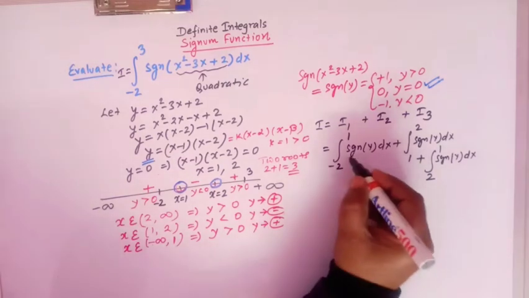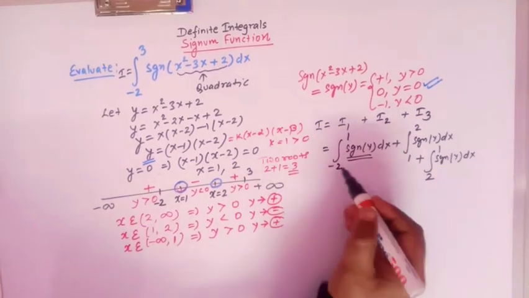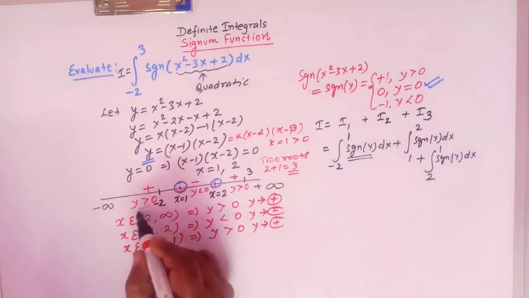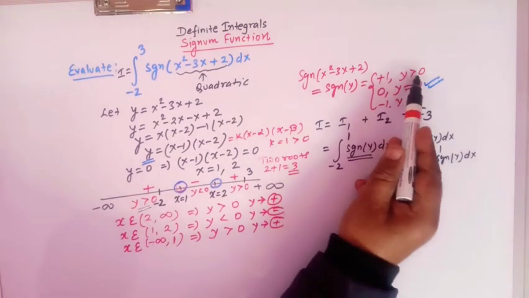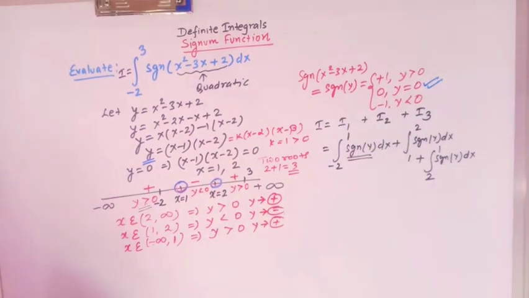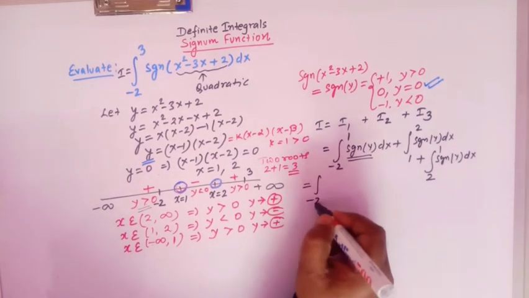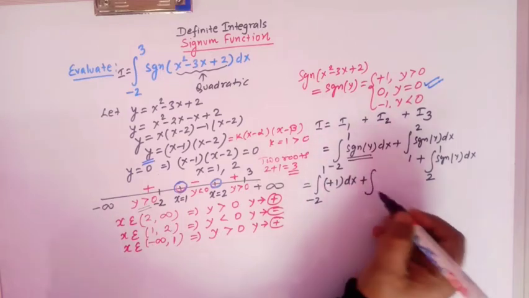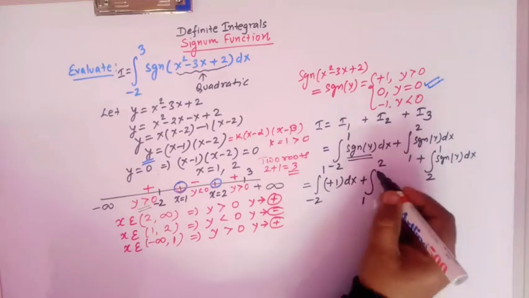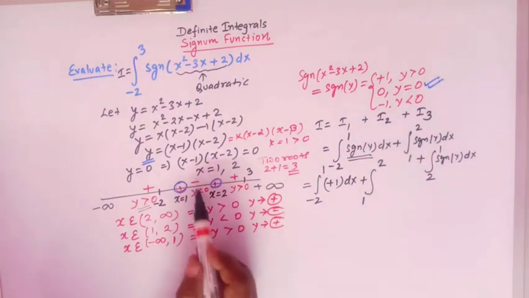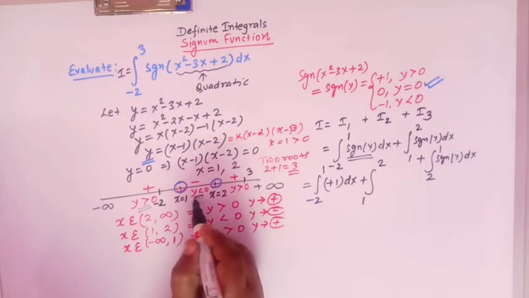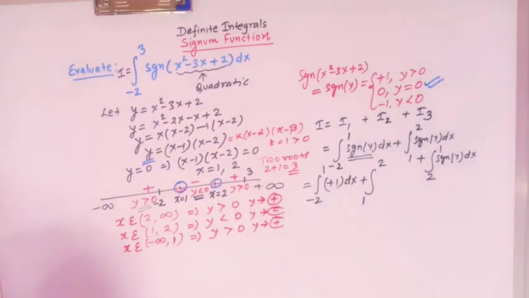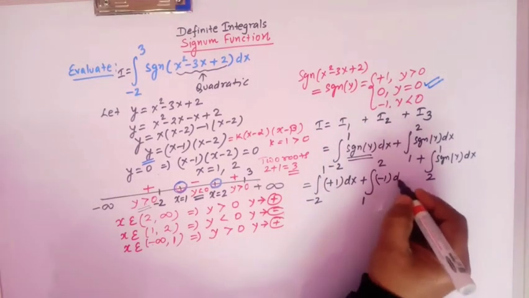Now in the interval minus 2 to 1, we see that y is greater than 0, and whenever y is greater than 0, signum of y will take the value plus 1, right? So we have minus 2 to 1, and here we have plus 1 dx. And when x lies between 1 and 2, we see that y is less than 0, and whenever y is less than 0, signum of y will take the value minus 1, right?